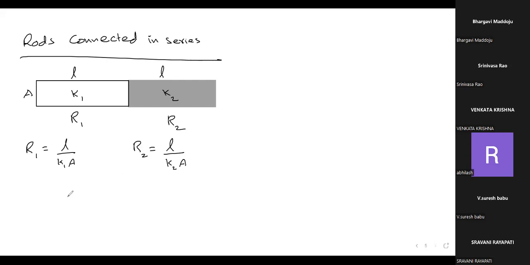One thing you have to observe. Assume that heat energy is flowing from the left side to the right side. Suppose two different pipes are connected in series: whatever water enters at one end, the same amount of water will leave the other end. Here also, whatever heat energy flows through one end, the same amount will leave the other end.